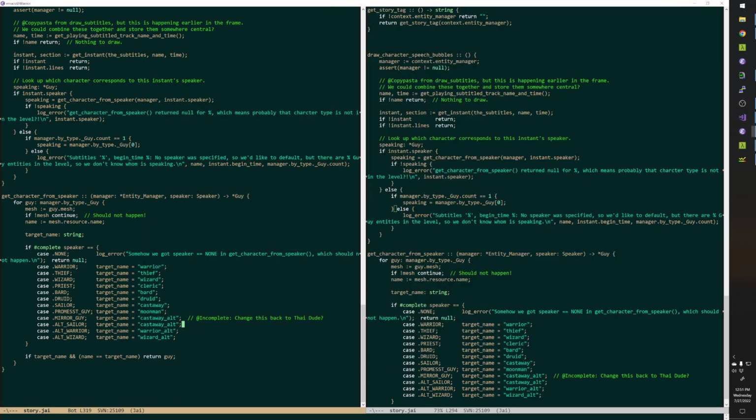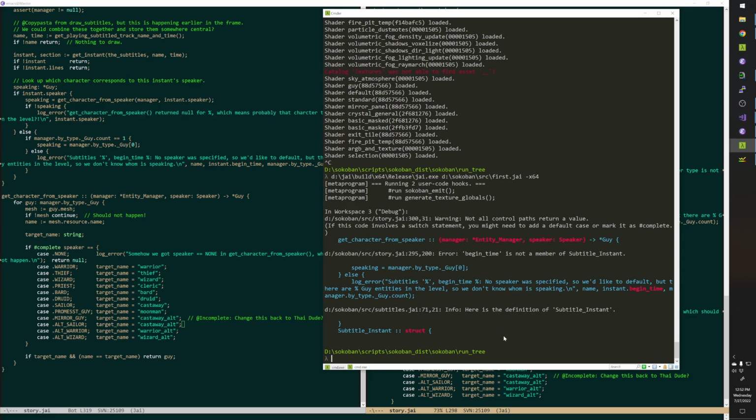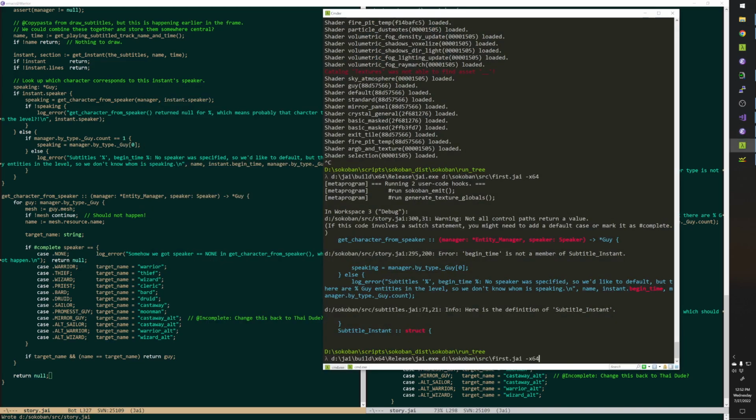Okay, so we are supposedly getting character from speaker. Well, I feel like I'm not getting the mesh name quite correctly. Not all control paths return a value. Oh, yes, let's do that.